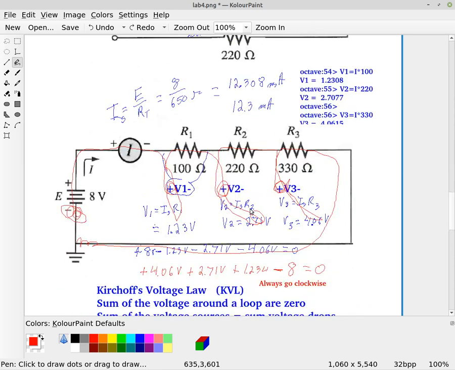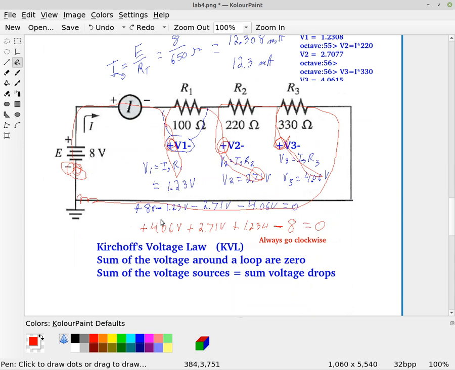And we also saw that when you add up all your voltage drops across resistors and you add up your supply voltages, and add those all together, you end up with 0. And so that is what they call Kirchhoff's voltage law.